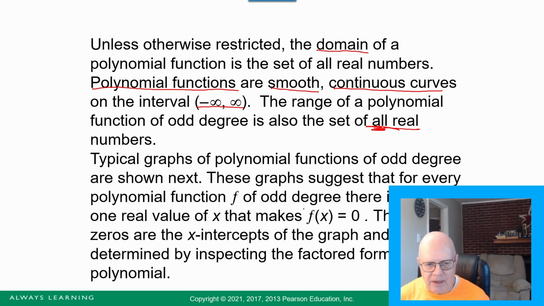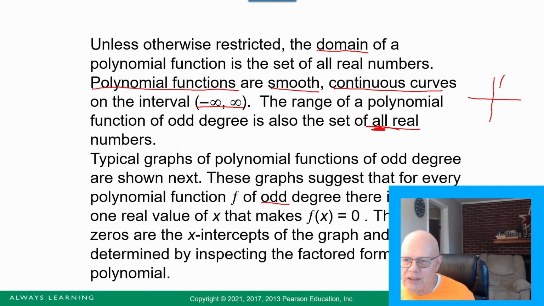Okay, I think that's about it. Oh, here we go. One more thing. These graphs also say that if it's odd degree, now remember what the odd degree looks like. I'm just going to draw one simple picture. One of the basic odd degrees is the cube function, so we'll take that just as an example.